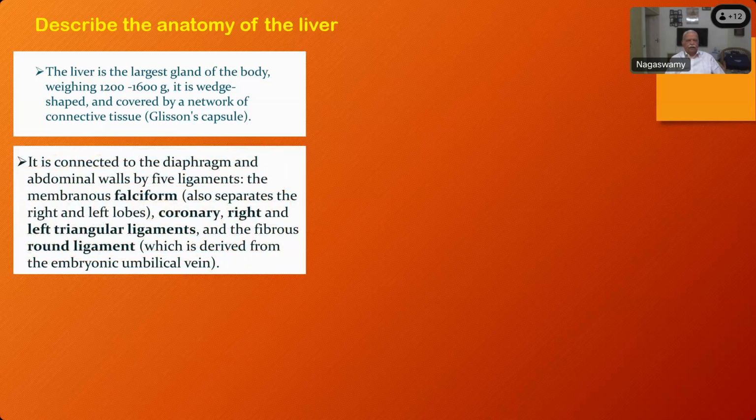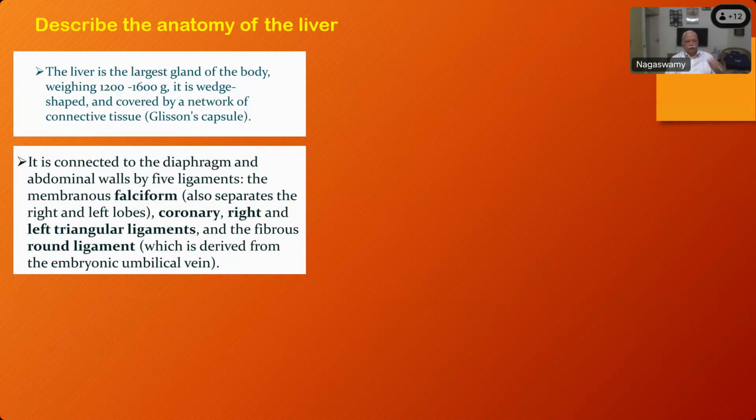So it is connected to the diaphragm and abdominal walls by 5 ligaments. There are 3 membranous ligaments and 2 fibrous ligaments. Okay. So the membranous ligaments are the falciform ligament, which also separates the right and left lobe, then the coronary ligament, and the right and left triangular ligaments.